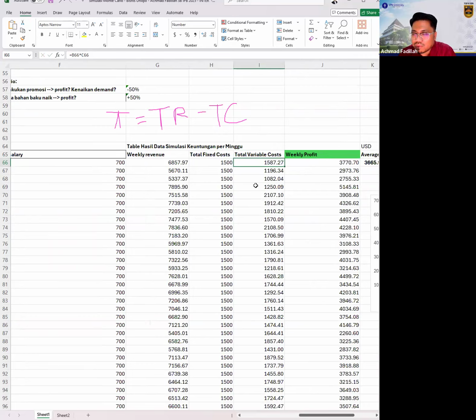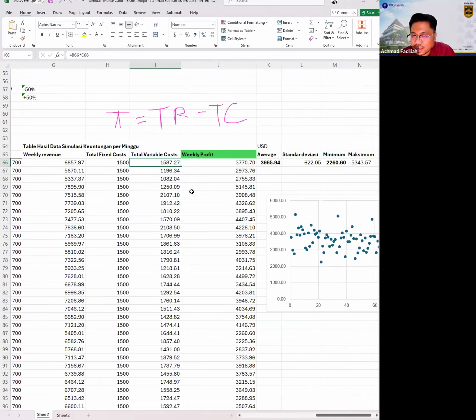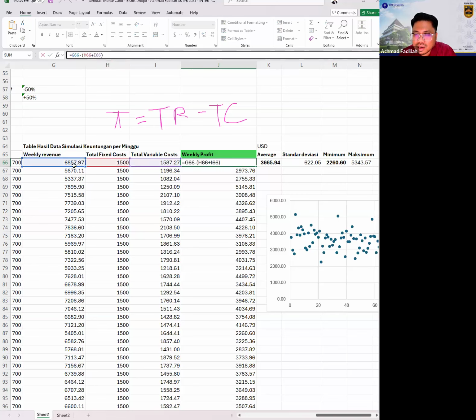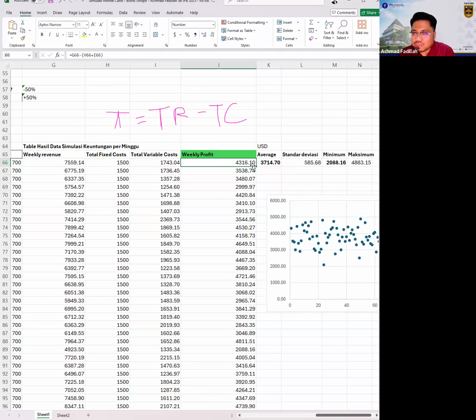Okay, hopefully you can follow this step. And next, for weekly profit, we already know the profit formula: total revenue, which comes from the weekly revenue here, minus total fixed cost, minus total variable cost, and you get the profit.